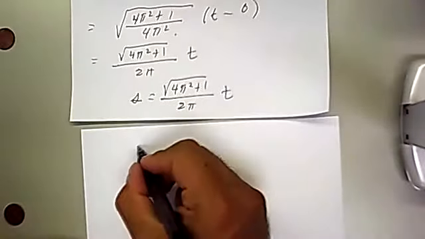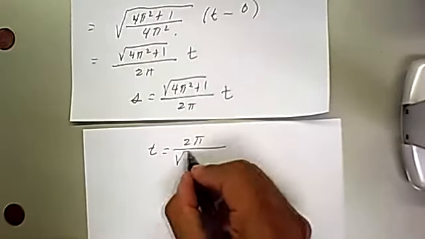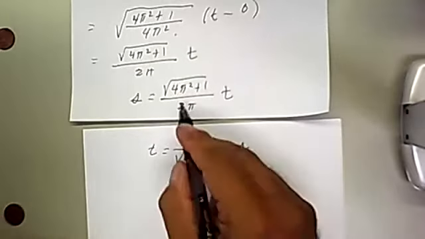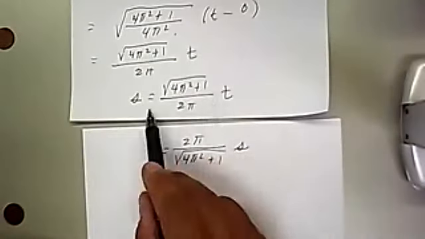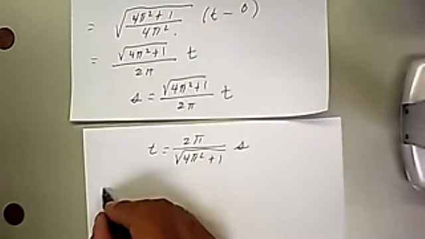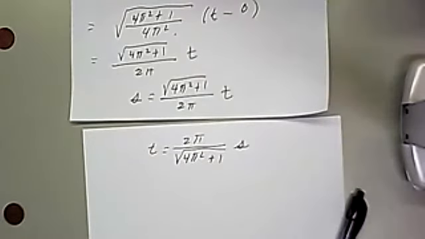This means that t is equal to 2 pi divided by the square root of 4 pi squared plus 1, times s. We can multiply by the reciprocal, so we can solve this equation for t. And the reason why we want to do that is because we want to reparametrize, we want to rewrite the curve not in terms of t, but in terms of s.